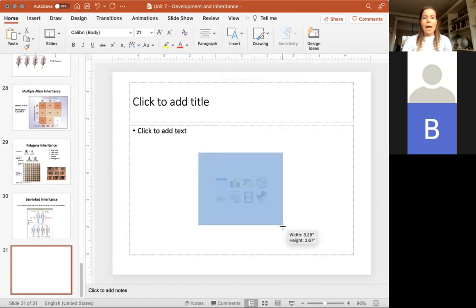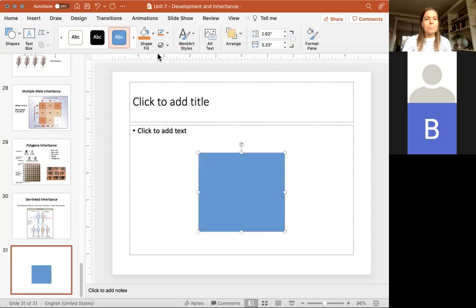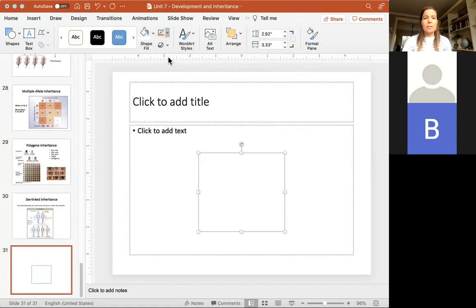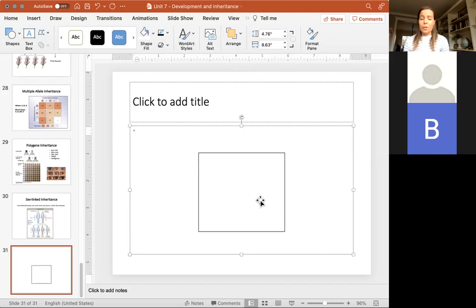All right, so you have a father who is heterozygous and he has brown eyes.